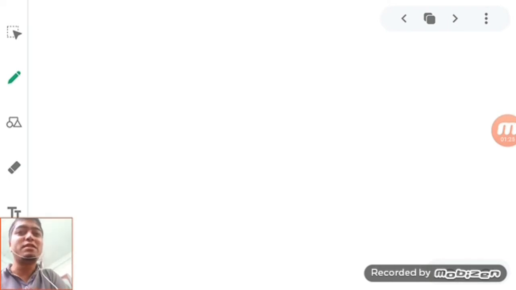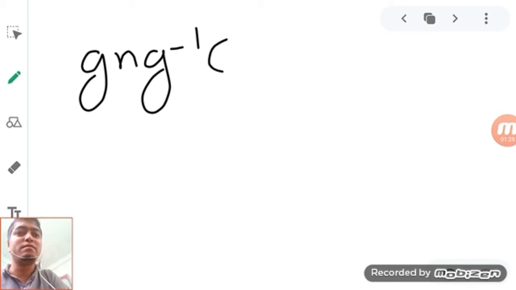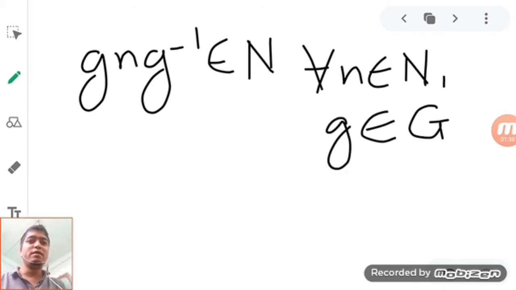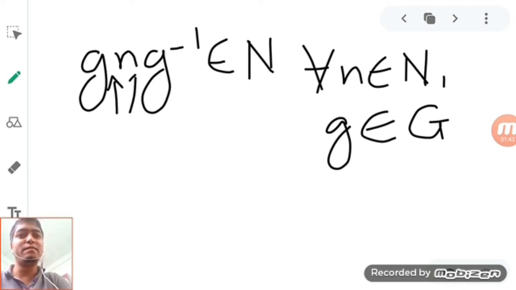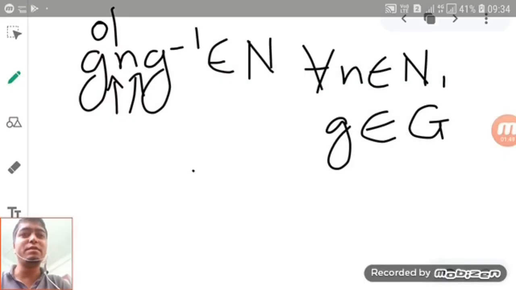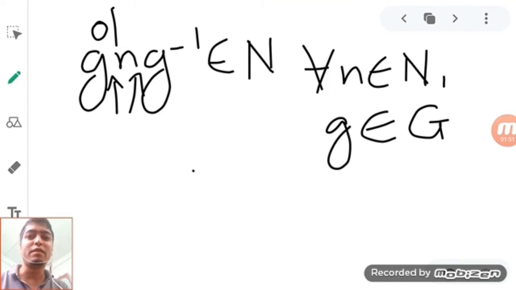The second condition says g n g inverse should belong to N for all n belongs to N and g belongs to G. So the first thing that you should be careful about is that in between there is always the operation of the group. All right, so you should be very careful.